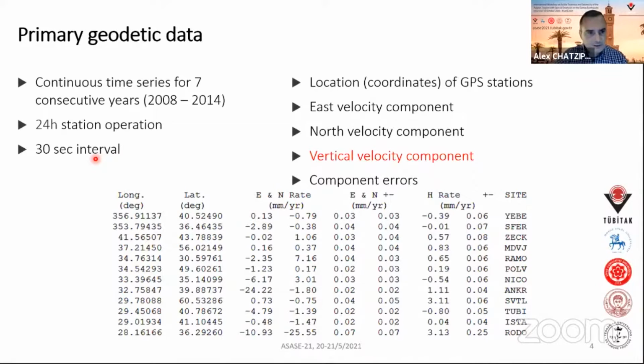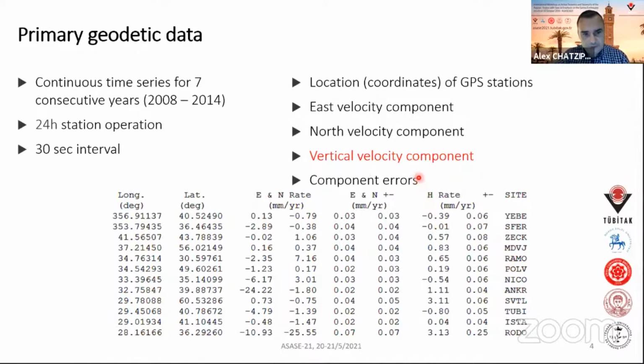For each station, the information that we got from the model was the north and east velocities in the two axes, north-south and east-west, the vertical velocity, and the component errors for each of those velocities.